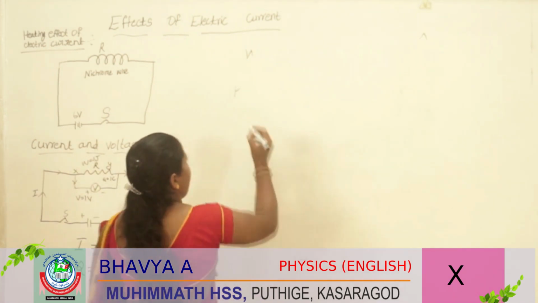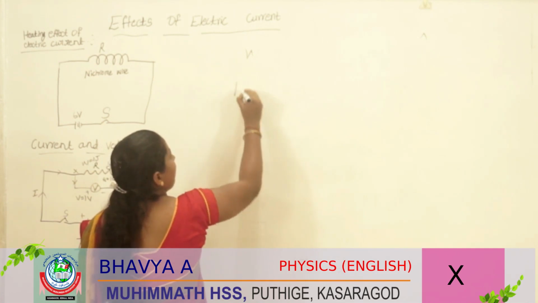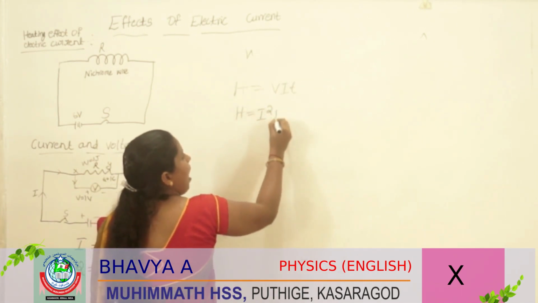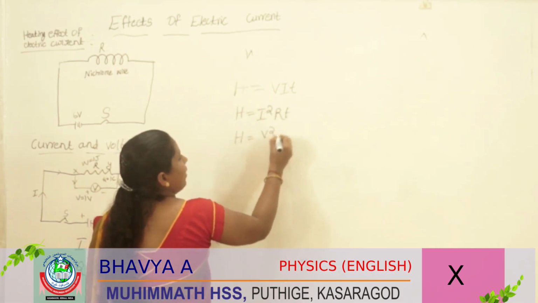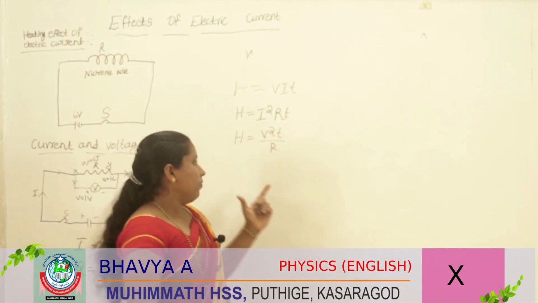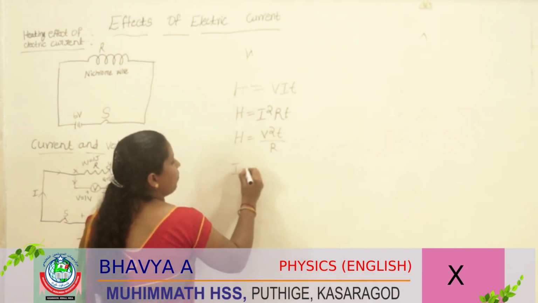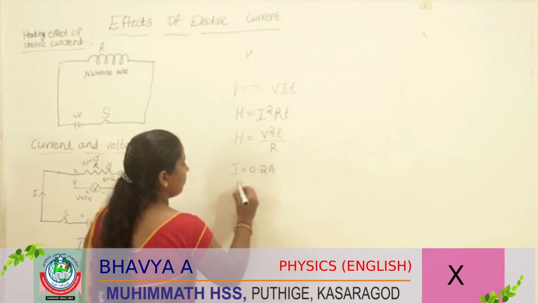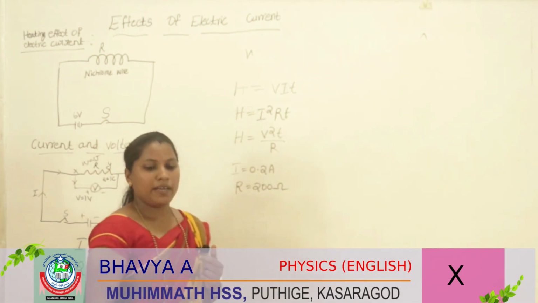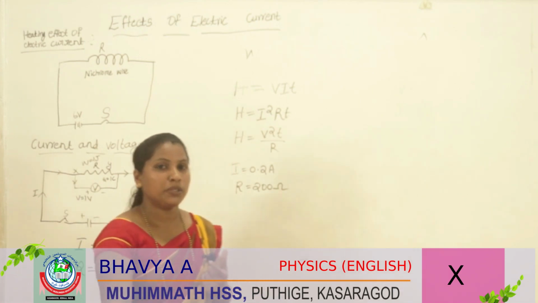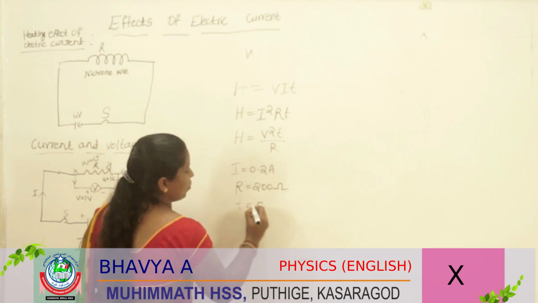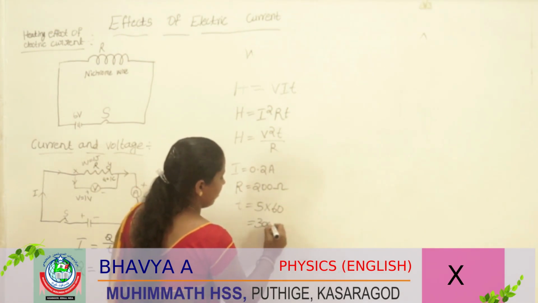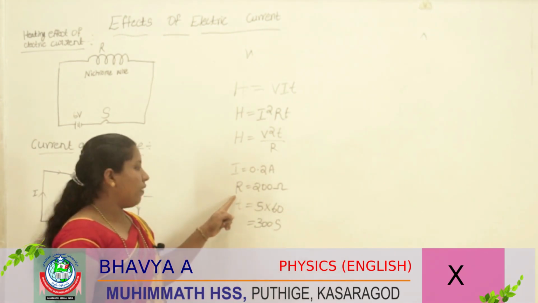The heat equations are H is equal to VIT, another H is equal to I square RT, another H is equal to V square T divided by R. In this question I is equal to 0.2 ampere, resistance R is equal to 200 ohm, time given is 5 minutes, which you should convert into seconds, so multiply by 60, T is equal to 300 seconds.